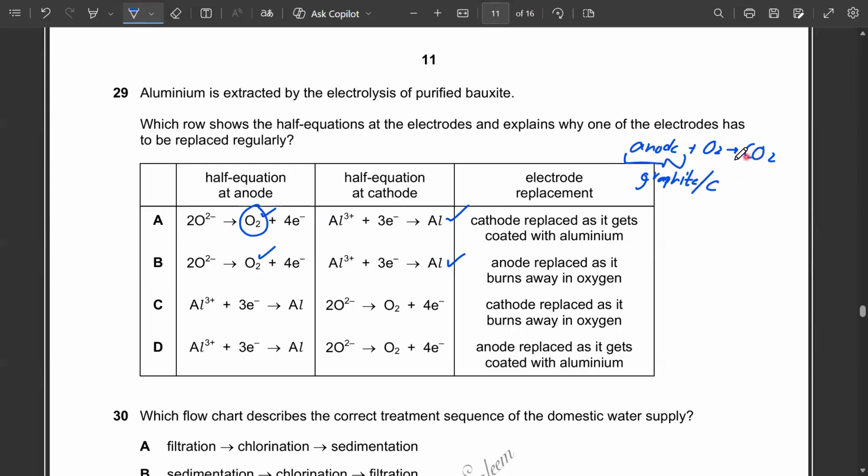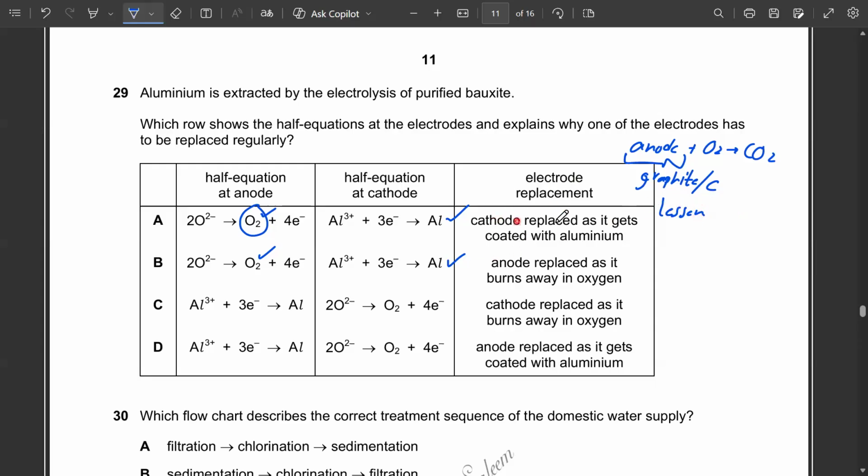So that's why carbon dioxide forms, and that reaction will gradually lessen the amount of the graphite rod. The graphite will be constantly used up during the reaction.